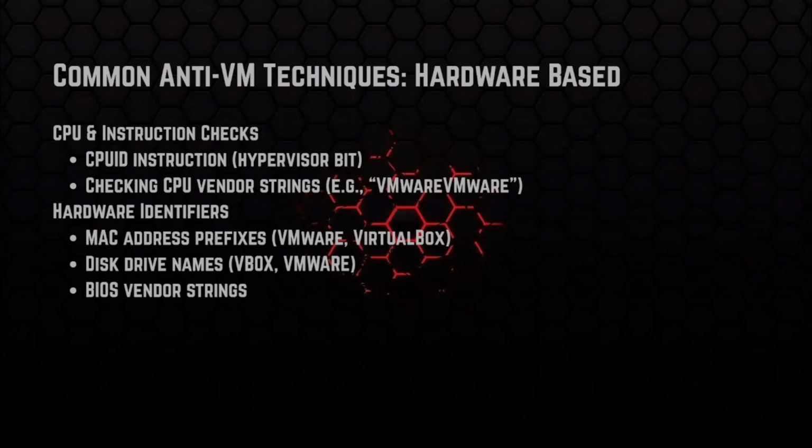Within that ECX, we have 32 bits, 0 to 31. And the 31st bit, if that is 1, which means we are in a hypervisor, or to be precise, we're in a sandbox or a virtual machine, right.